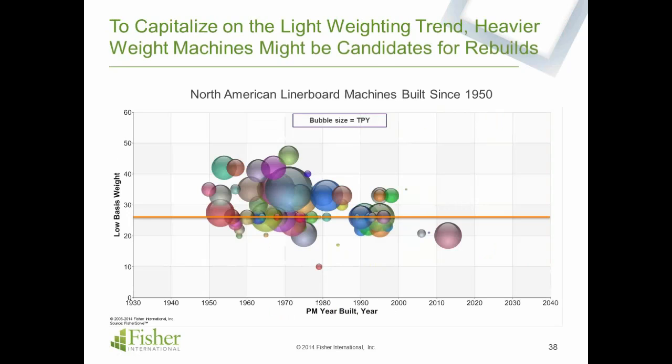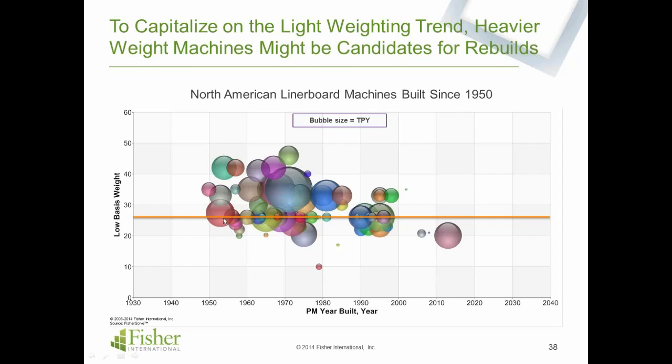So let's stick with that theme, but let's broaden it out to the broader market. This is all North American linerboard machines, just those that have been built since 1950. And what I've done is I've plotted the age of the machine, or the year that the machine was built, on the x-axis, and the average low basis weight on the y-axis. And the bubble size, of course, reflects the tons of production.